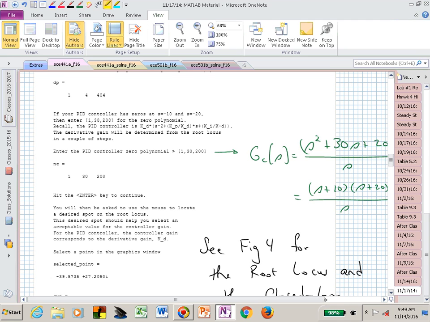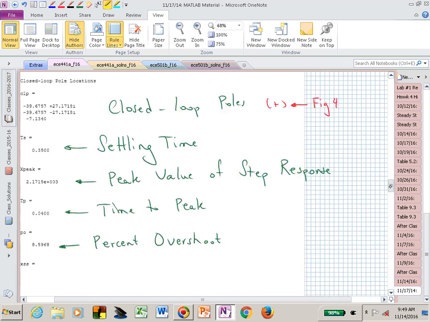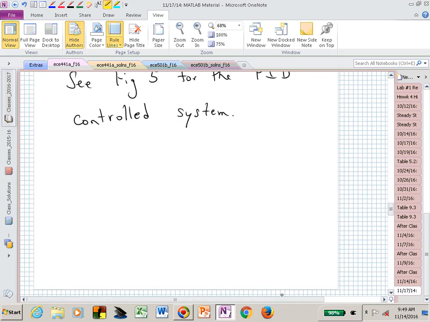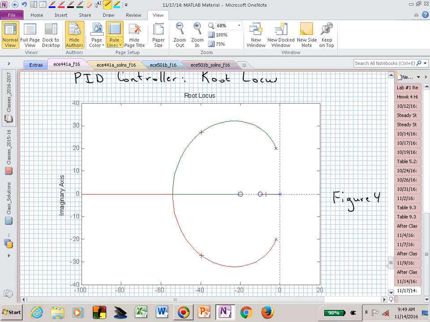In this case, it looks like I've put my zeros at minus 10 and minus 20, similar to that most recent illustration. And if I now go down to one of these plots, there's what I just said might happen with our root locus. Do you see how I quickly drew that on the back of an envelope and MATLAB just confirmed it? Isn't it nice to have those skills now that you can just sketch these root loci?